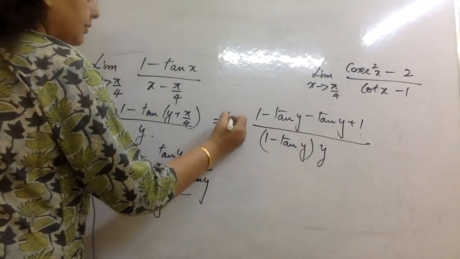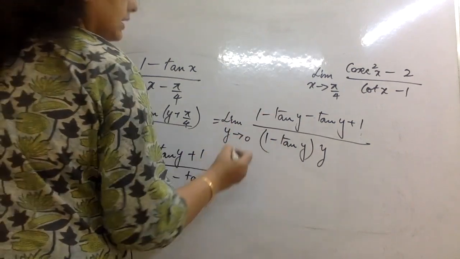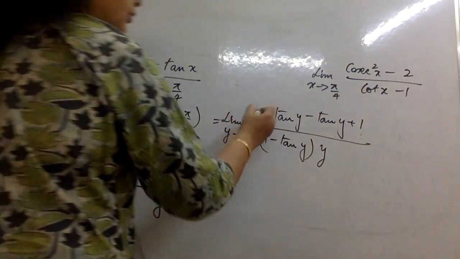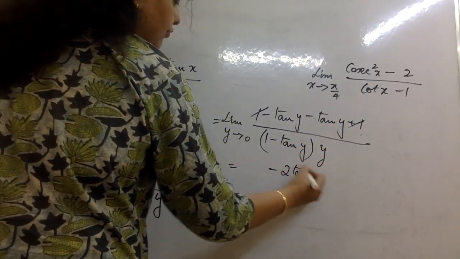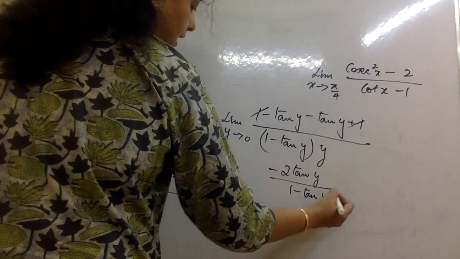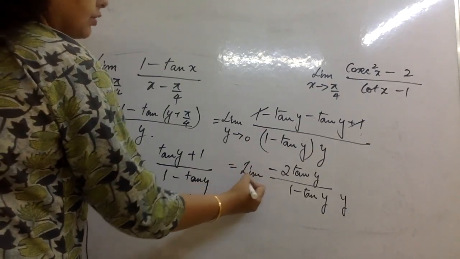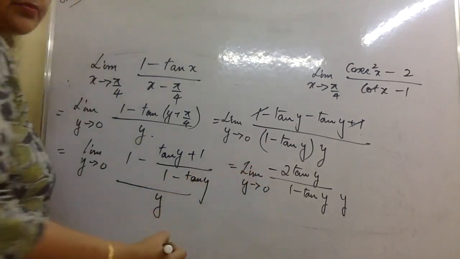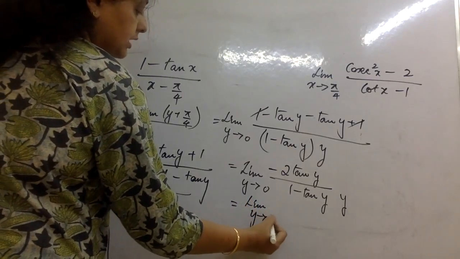Here we have limit y tends to 0. Let us cancel out the 1. So it comes to minus 2 tan y, over 1 minus tan y, by y, with limit y tends to 0.